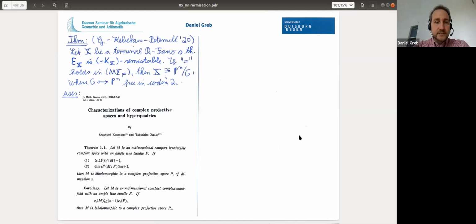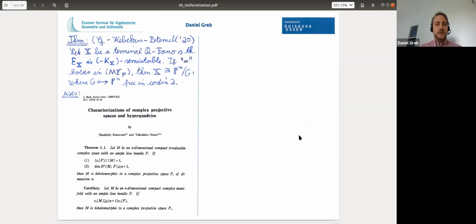So let's see. This is the theorem of Kobayashi-Ochiai, which we use the corollary of, but I put up the result here from which it follows. This is a statement about manifolds or complex spaces.